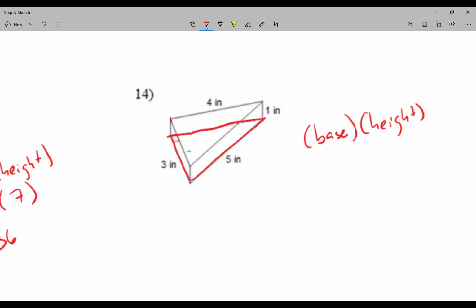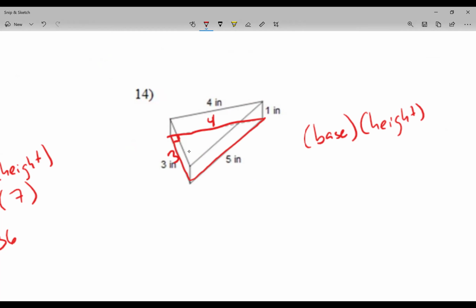Just for you guys to see, there's another triangle here. Okay, let me just focus on one triangle. I find a 90-degree corner of that triangle. I need the 90-degree corner. Now, this 90-degree corner is made by 3 and 4.